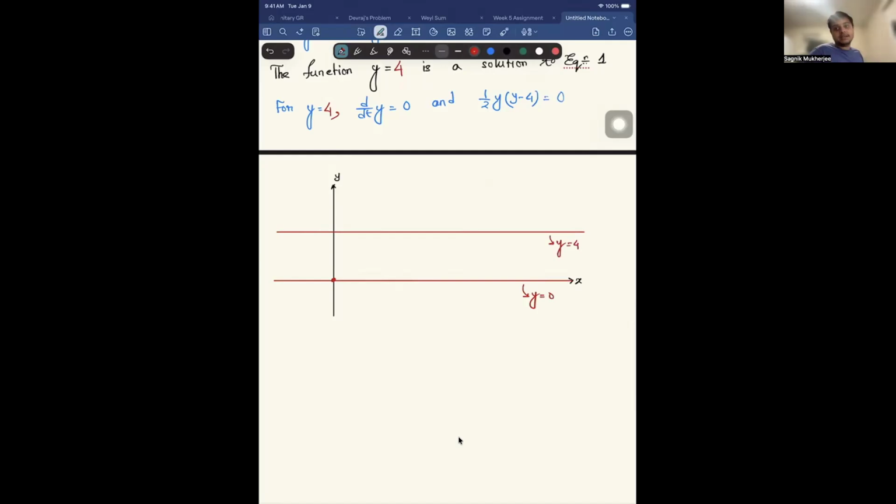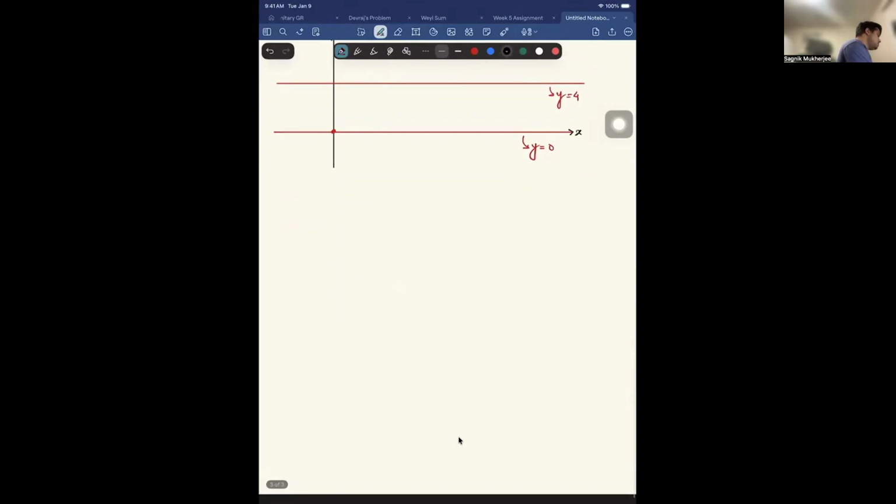These two lines represent the equilibrium solutions of the differential equation. So the functions y equals 0 and y equals 4 are called equilibrium solutions of the differential equation.